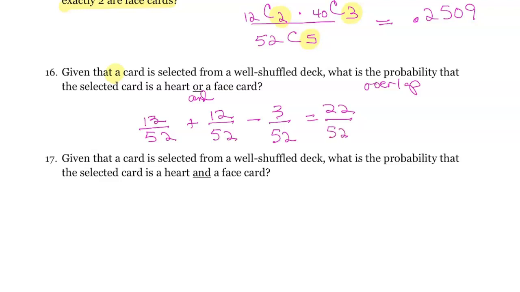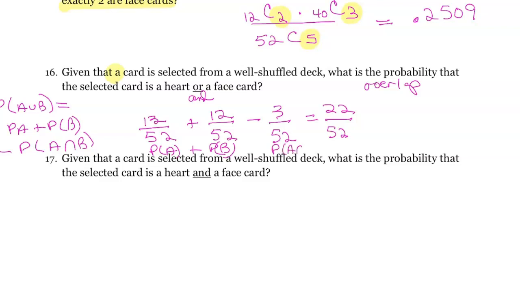Now, if you want to figure out the probability of A or B, remember, it's the probability of A plus the probability of B minus the probability of A and B. That's what we just did. So if I'm done at 22 over 52 and you understand that, that's fabulous.